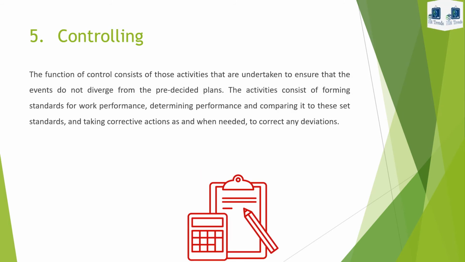The fifth and last function of management is controlling. The function of control consists of those activities that are undertaken to ensure that the events do not diverge from the pre-decided plans. The activities consist of forming standards for work performance, determining performance, and comparing it to these set standards, and taking corrective actions as and when needed to correct any deviations.